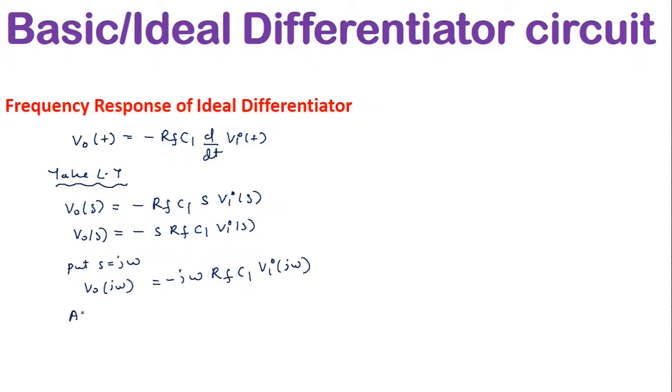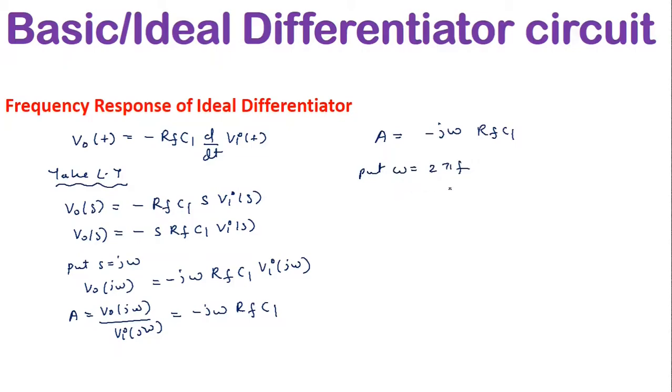So gain, represented by A, is V0 of j omega divided by Vi of j omega, which equals minus j omega RF into C1.